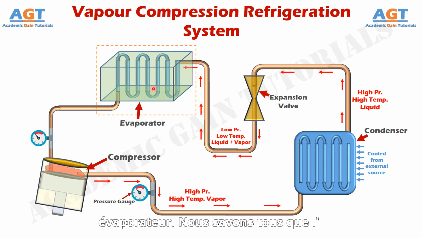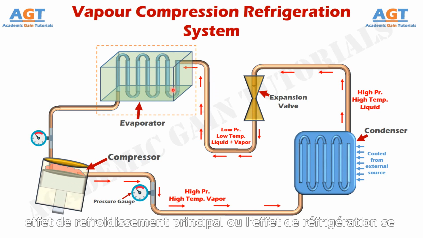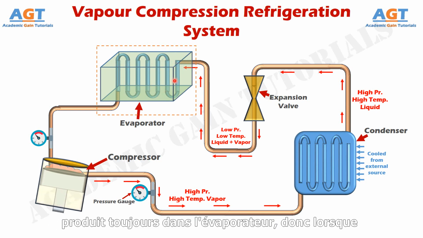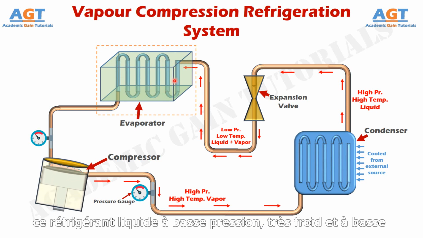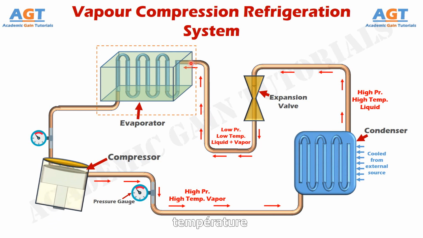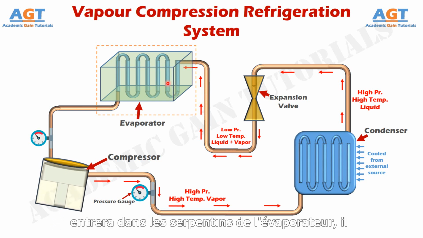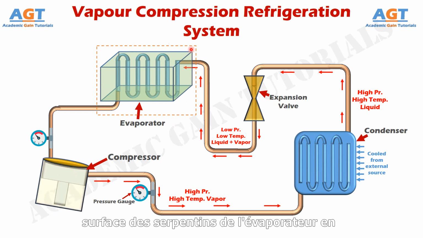We all know that the main cooling effect or refrigeration effect always occurs in the evaporator. So, when this low pressure, very cold, chilled, low temperature liquid refrigerant enters the evaporator coils, it will absorb all the heat present on the surface of the evaporator coils.